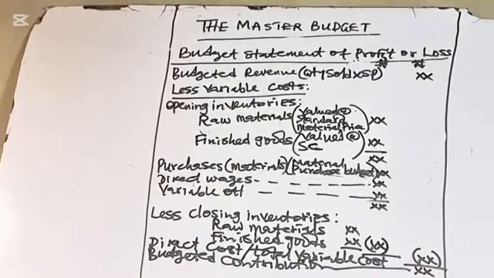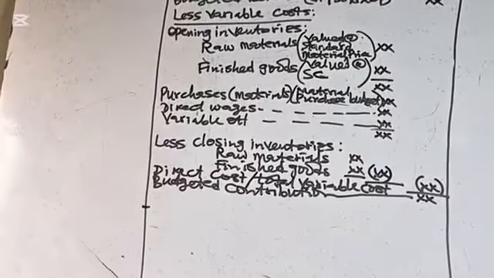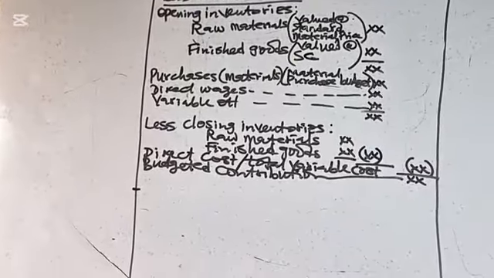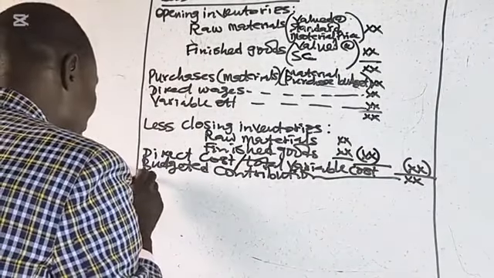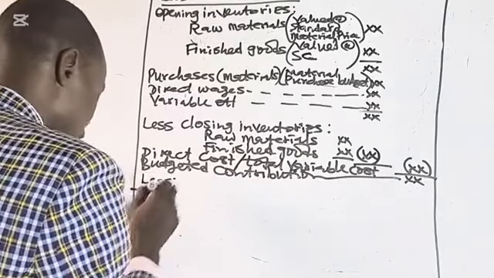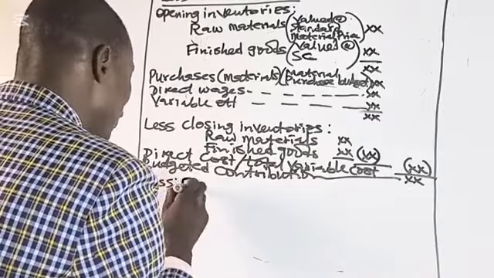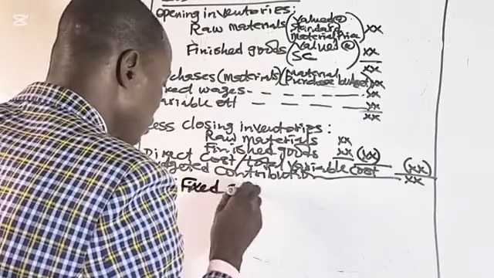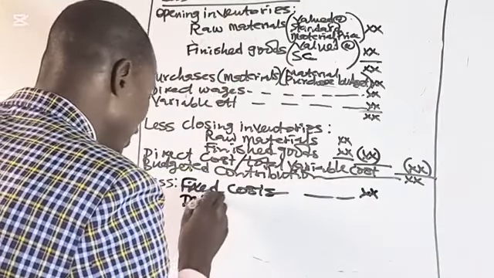After your contribution, you deduct your fixed cost. You less fixed production cost. Let me say fixed cost, including depreciation, if any.